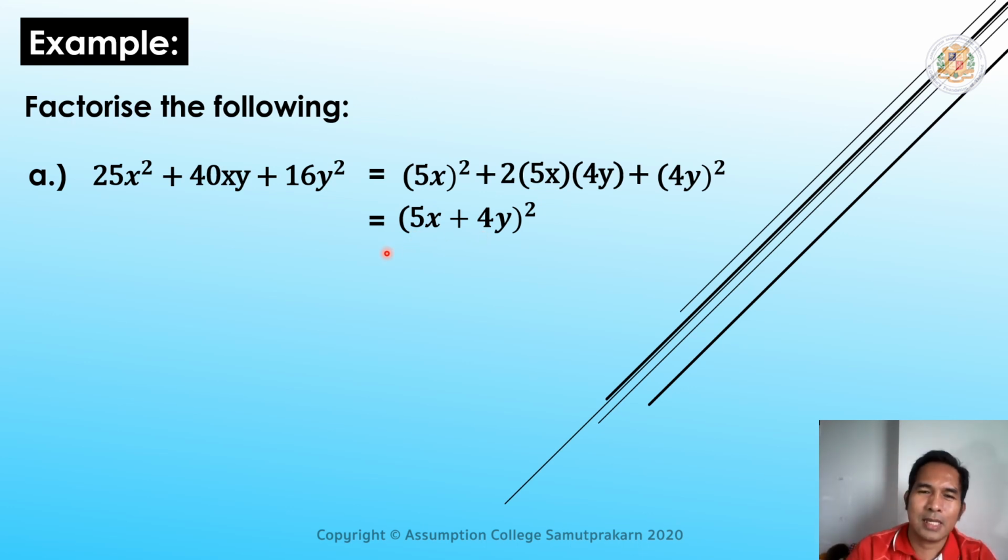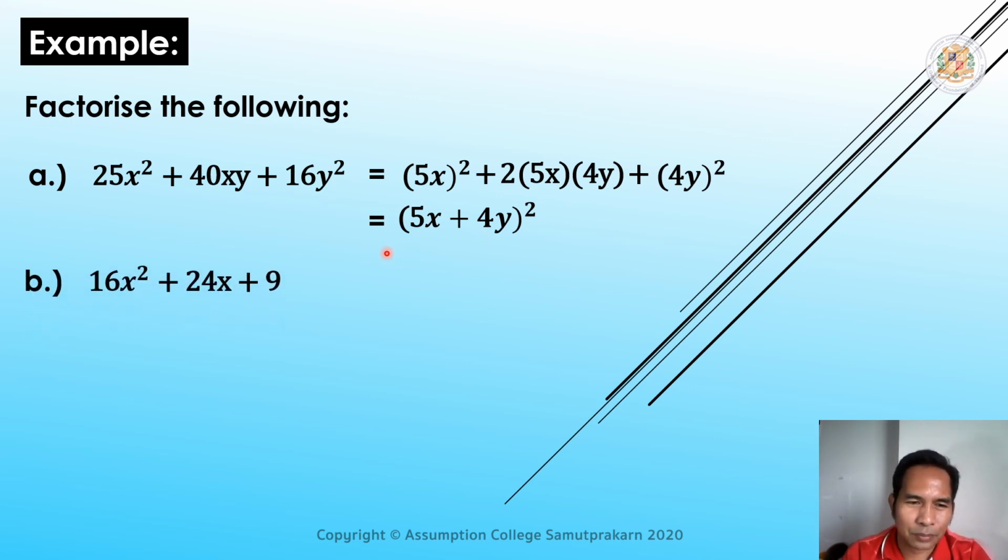Okay, next. Second example. 16x squared plus 24x plus 9. So again, 16x squared. What is the square root of 16? 4. How about x squared? x. So therefore equals 4x quantity power 2, or 4x squared.